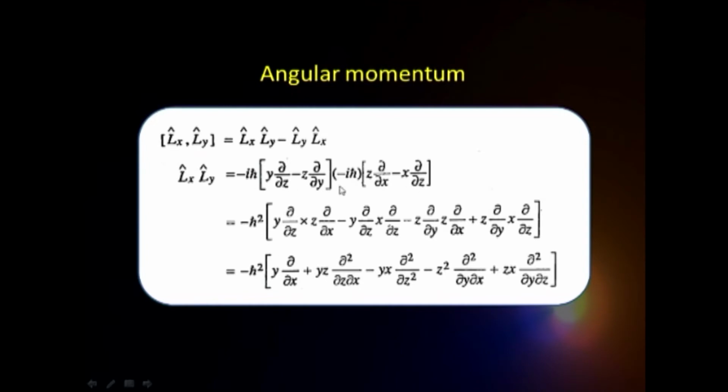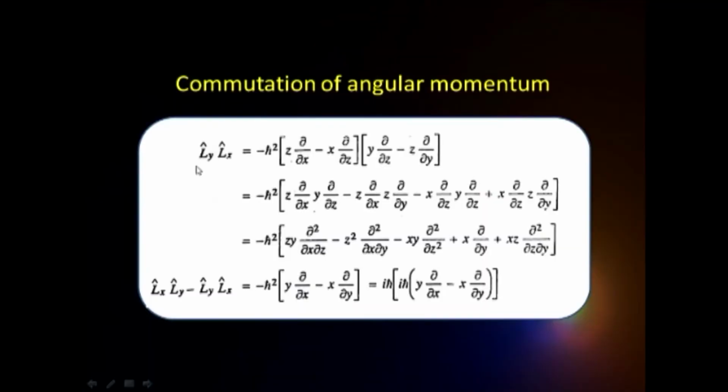When the i h cross factors multiply together, we get minus i square h cross square, and we know that i square is minus 1. So, finally, when we expand the whole thing, we get an expression which looks like this. It is just a multiplication of the derivative terms, and all the terms are visible here.